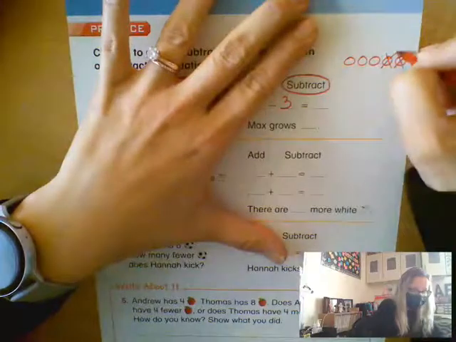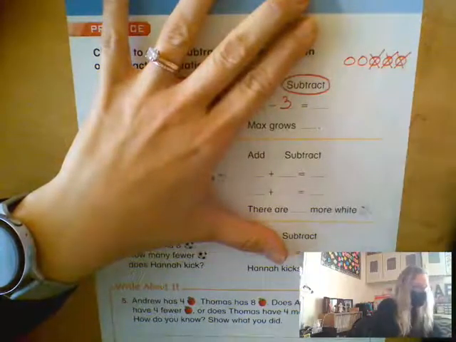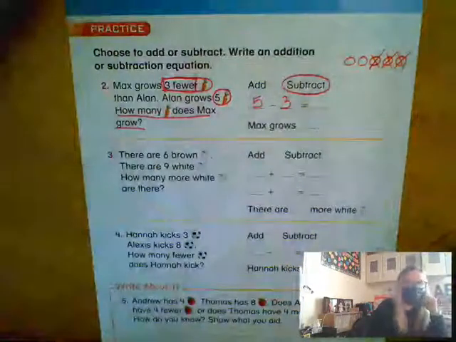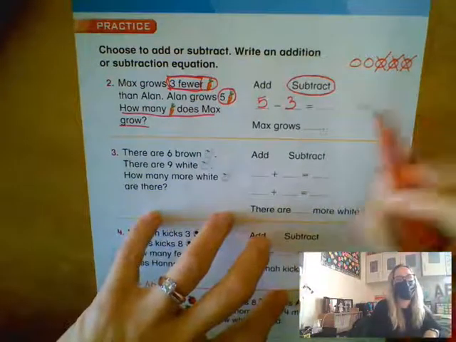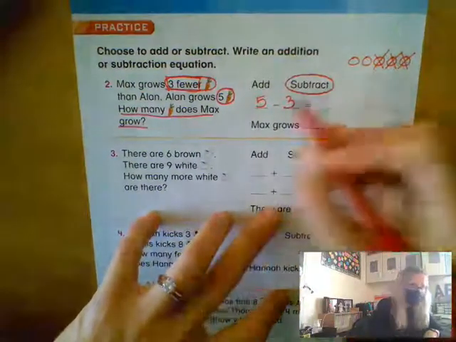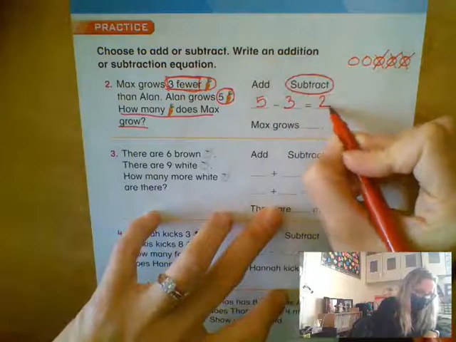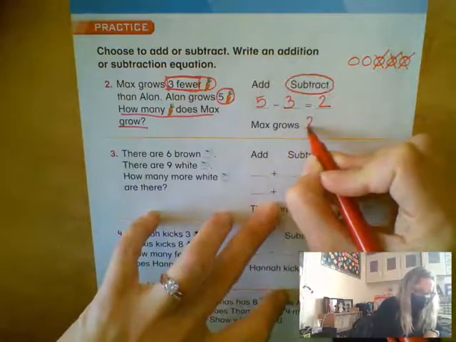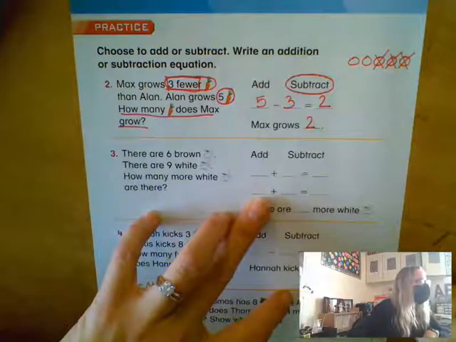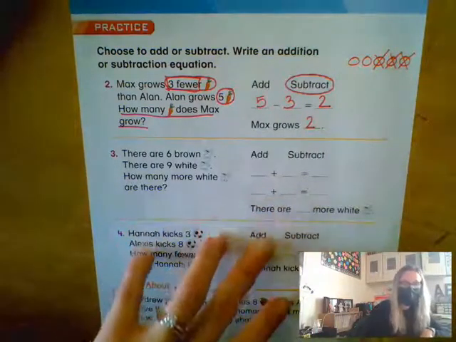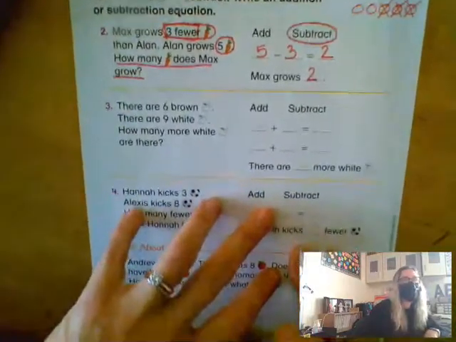Take away 2. Take away 3. How many are there left, Connor? 2. So 5 take away 3 equals 2. Max grows 2 carrots because 2 is 3 fewer than 5. Nice job.